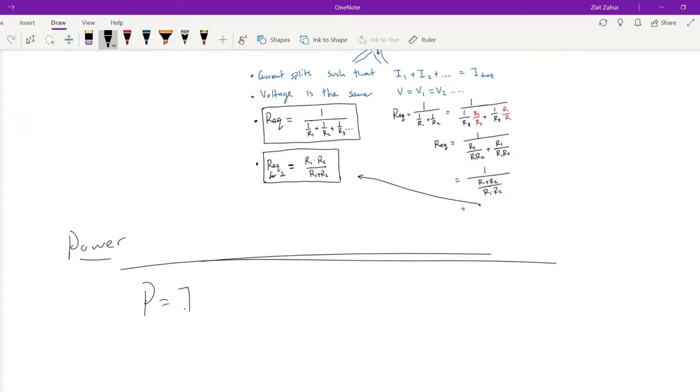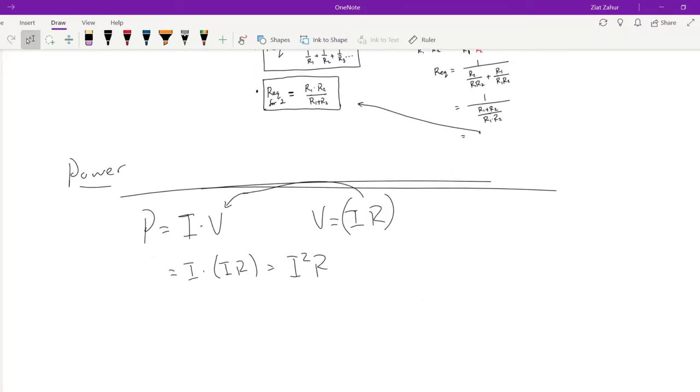Power traditionally is equal to I times V, but of course we know that V is also equal to IR, and by substitution, if I put in IR in there, I get I times IR, which is equal to I squared R. Alright, that's number 2.